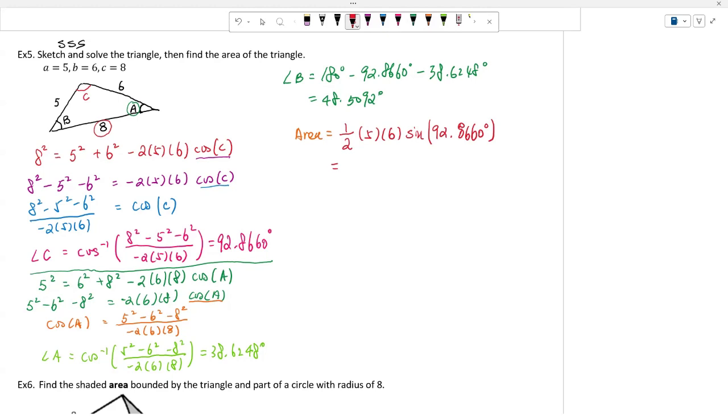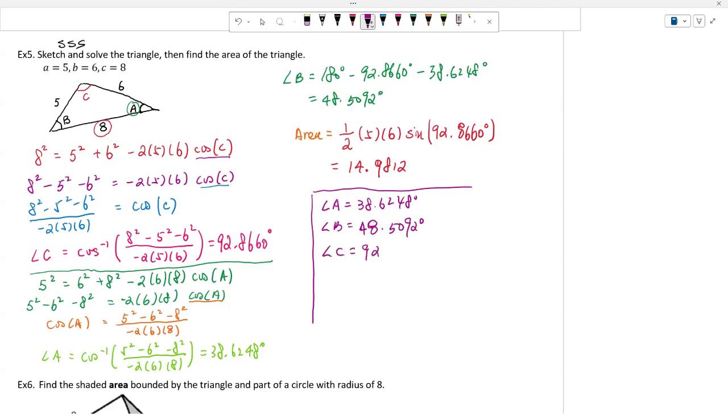Then you will get 14.9812. So in this problem, the angle A equals 38.6248, angle B equals 48.5092, and angle C equals 92.8660. And the total area is equal to 14.9812.